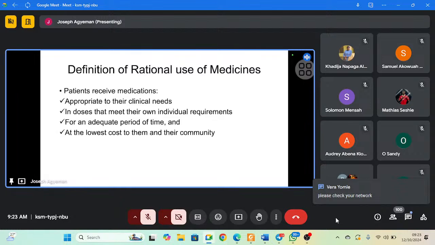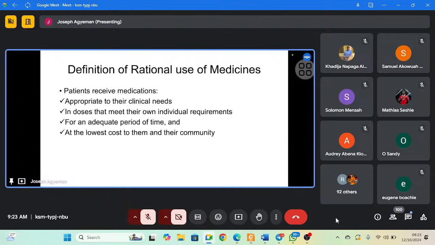If you are looking at children, of course, based on their weight or body surface area, you do the calculation and give the dose that meets their own requirement. It's not about generalization. It should be about individualization. Then, for what period?